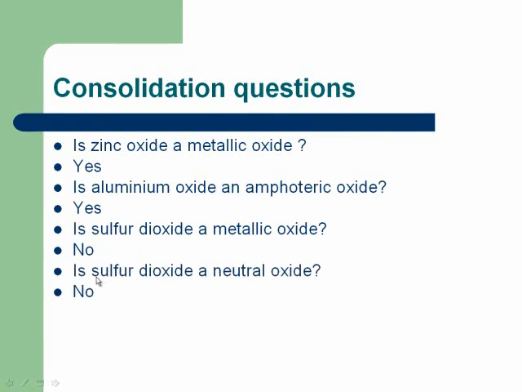No, because if you still recall, sulfur dioxide has a formula of SO2. So the formula has two oxygen. So sulfur dioxide should be an acidic oxide instead of a neutral oxide. Neutral oxide formulas generally only have one oxygen.